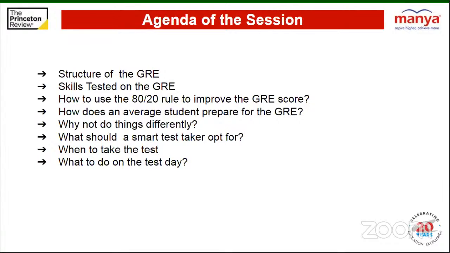And when to take the test and what to do on the test day. And towards the end, I have a few questions that we can work with. And in the last 5 minutes, you can raise it out. You can share the questions in the chat box. Whatever issues you have, you can share it in the text box and we will add it to it. Great. So let us get started.